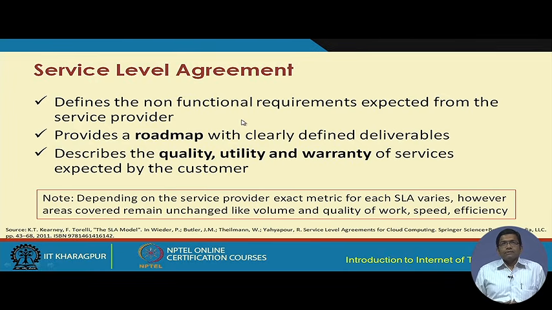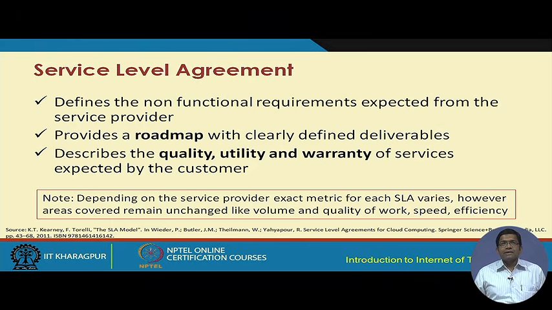So, what is this service level agreement? A service level agreement, as per definition, is about non-functional requirements that are expected from the service provider, more specifically the cloud service provider. In the industry it is known as SLA. This SLA is required to provide a roadmap which gives clearly defined deliverables.